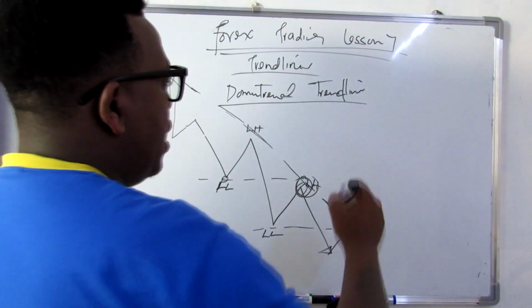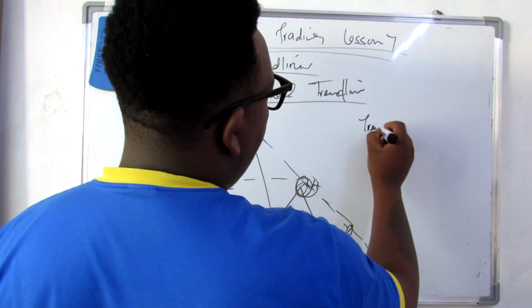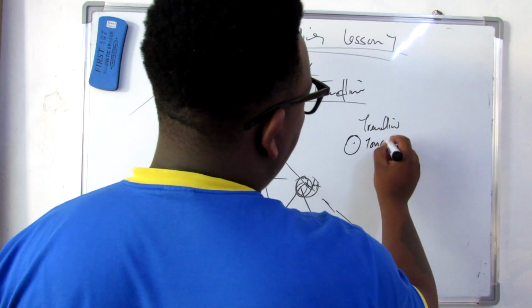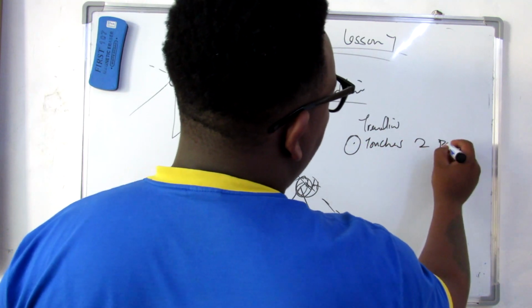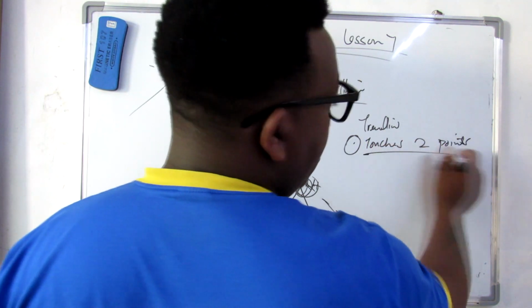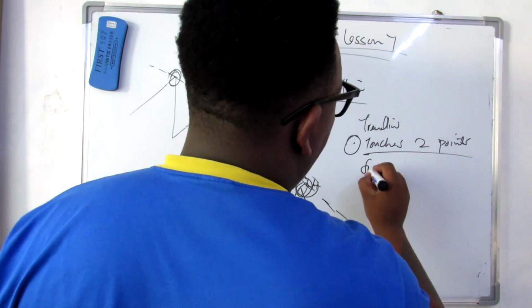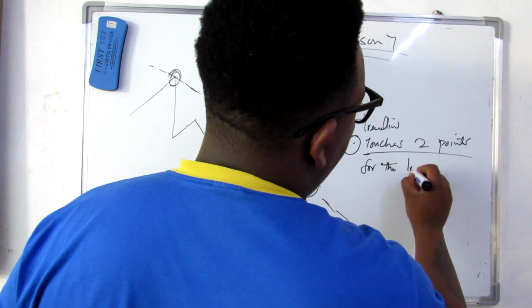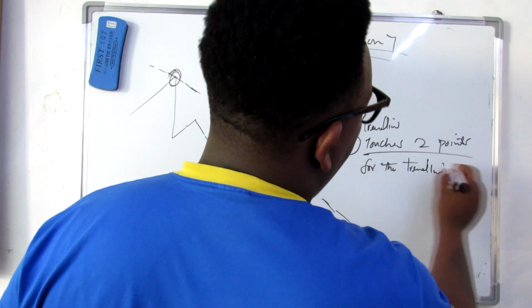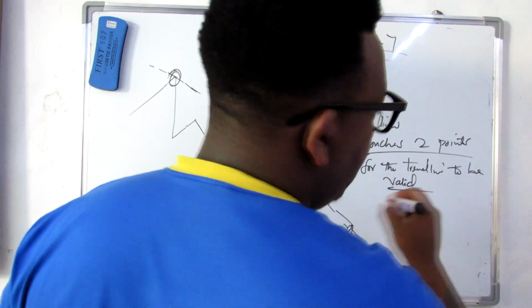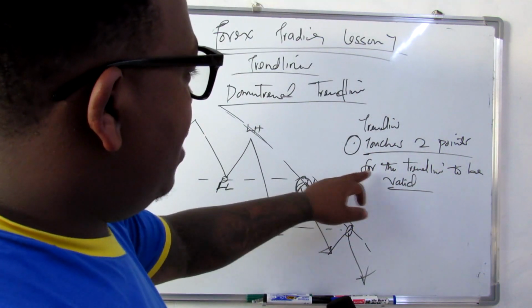So technically, for the trend line, as I said earlier, make sure it touches 2 points. For the trend line to be valid, make sure at least it touches 2 points.